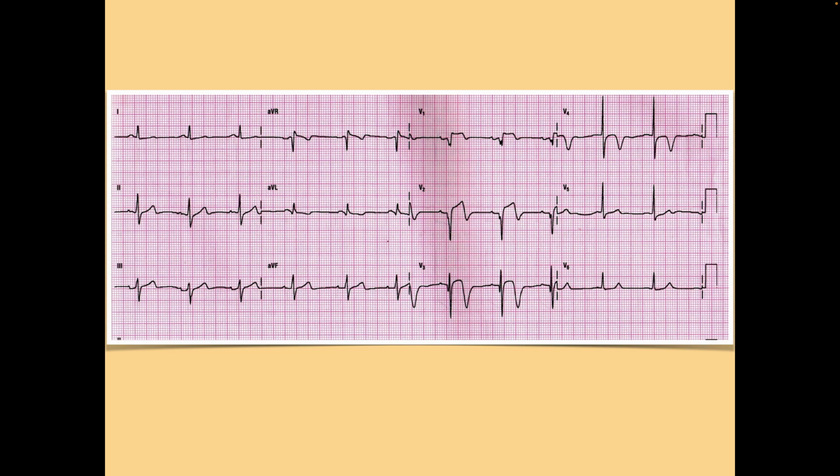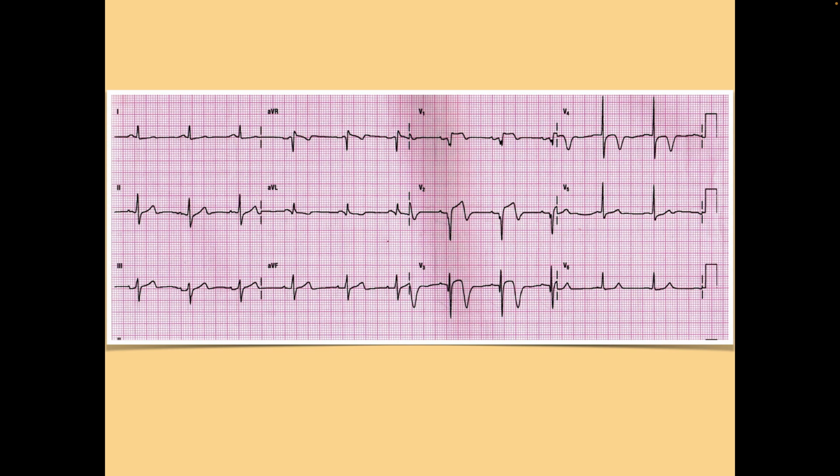If you see ST elevation in V1 and V2, what kind of leads are those? Septal, and V3, because remember V1 is contiguous with V2, is contiguous with V3. And what kind of lead is V3? Anterior.